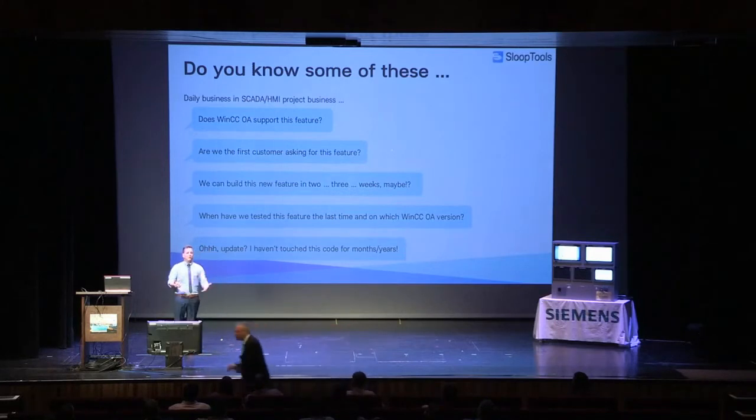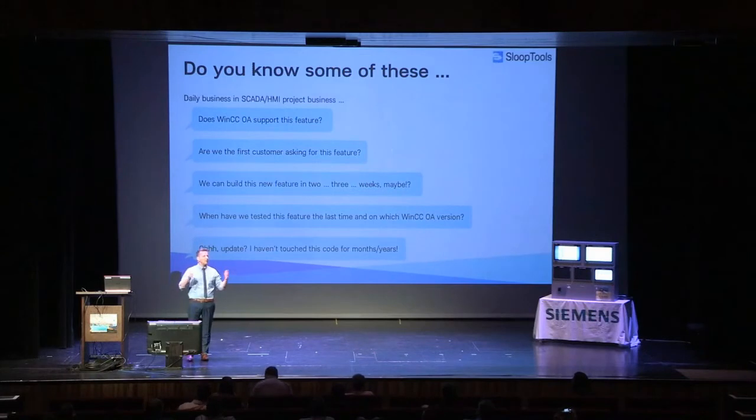Normally, when you are in the project business, you say, okay, let's build this feature, this module, this functionality that is missing for the next project, let's build it on our own. Maybe it takes 1, 2, 3, 4 weeks, we don't know, let's try. And then you have to maintain and enhance it.